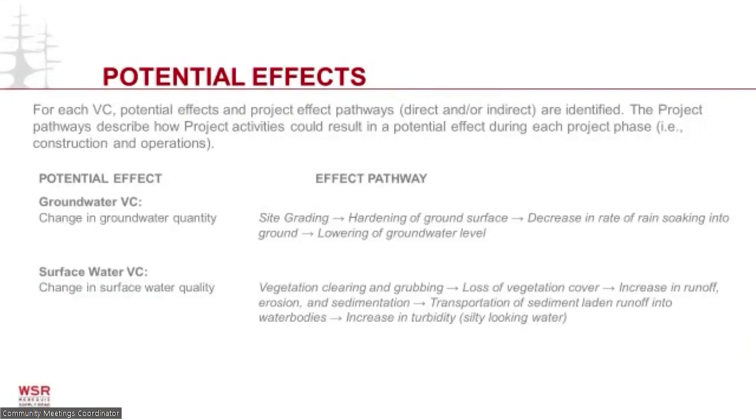For each valued component, we look at potential effects and pathways, meaning how it happens and the route followed. For example, grading or reshaping the land as part of the project usually hardens the ground, making it harder for rain to get into the soil and lowering groundwater levels.